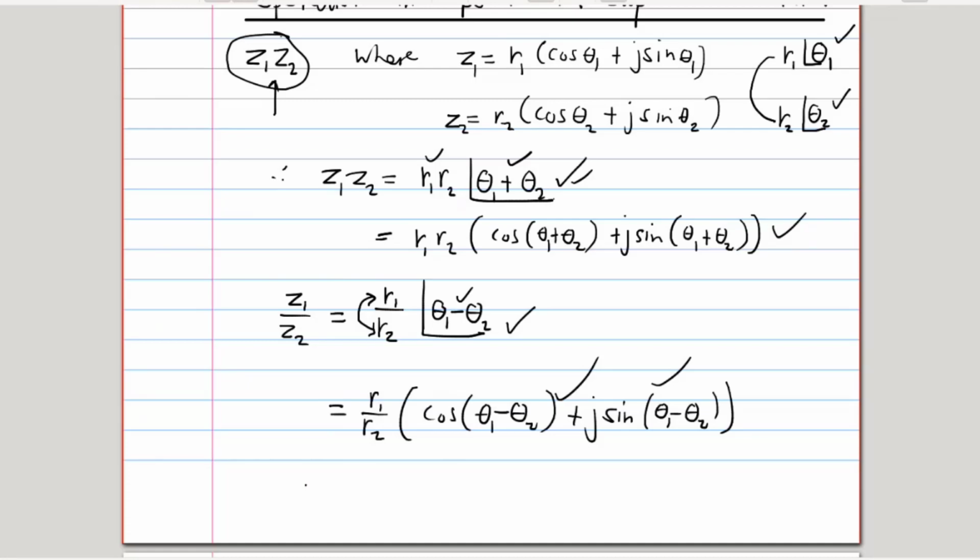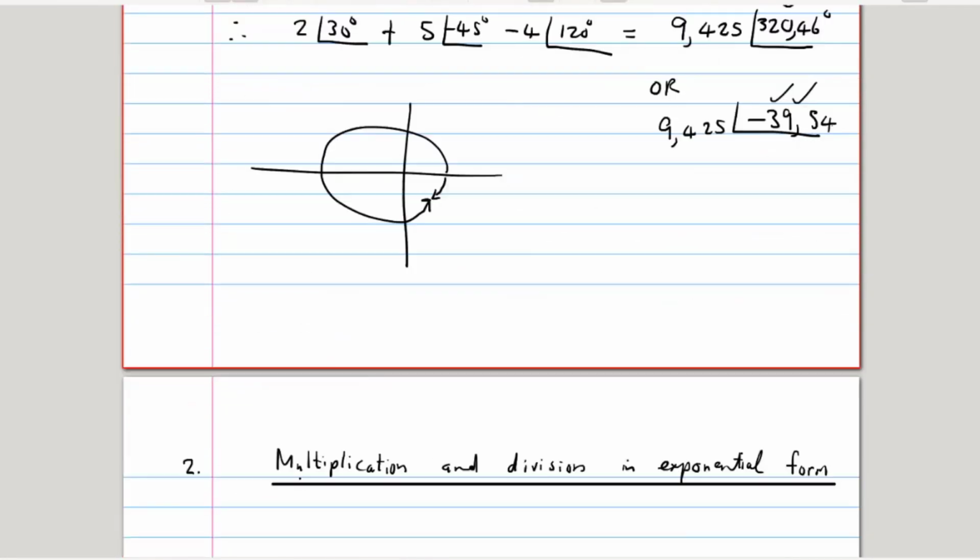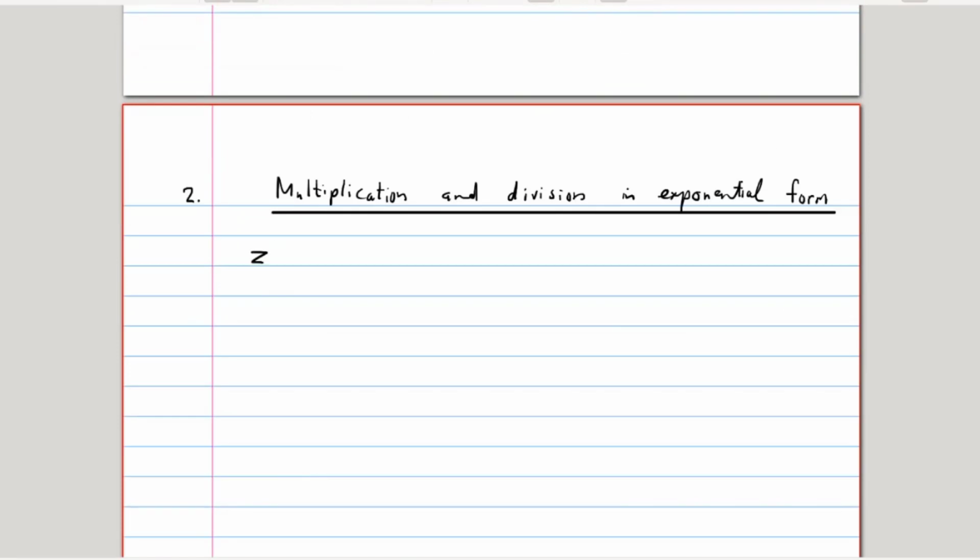Let me just use the shorthand notation. So for the way Z1 and Z2 have been defined, Z1 Z2 is R1 R2, theta 1 plus theta 2, and the division of Z1 by Z2 is R1 over R2, theta 1 minus theta 2. Right, that's it.